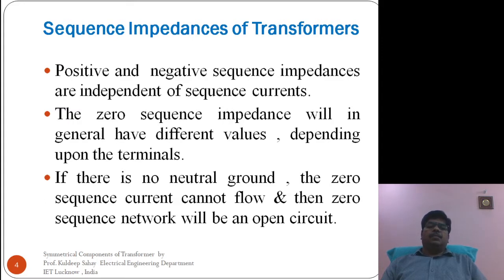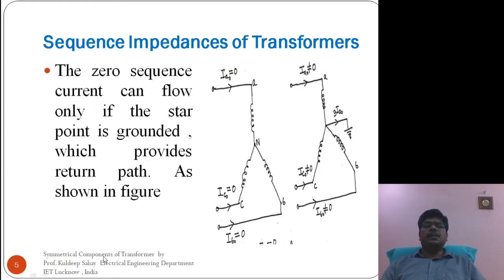If the neutral is not grounded, zero sequence current cannot flow. If the neutral is grounded, then zero sequence current will flow, and if not grounded, then the zero sequence network will be an open circuit. Here in this diagram, the neutral point, the star point, is not grounded.